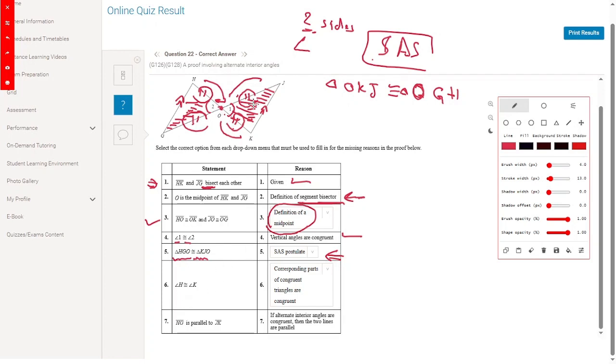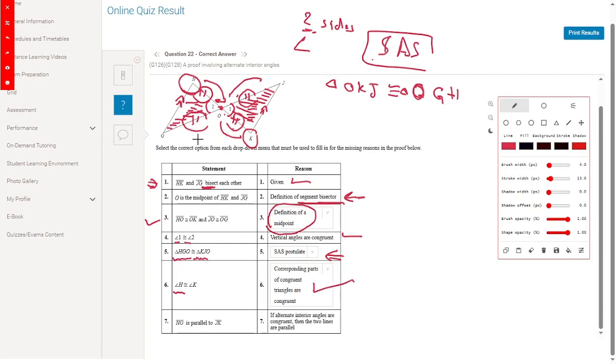Now, because these two triangles are congruent, anything related to this triangle will be congruent also. So angle H and angle K will be congruent, and angle G and angle J will be congruent, right? So I have angle H congruent to angle K, because corresponding parts of congruent triangles are congruent.